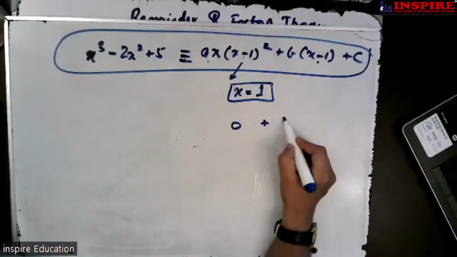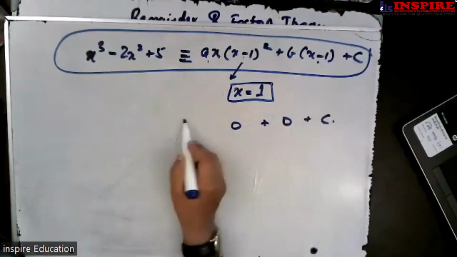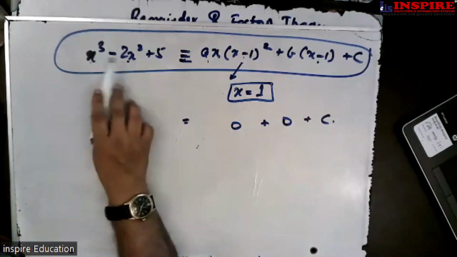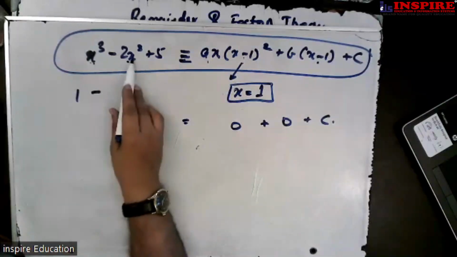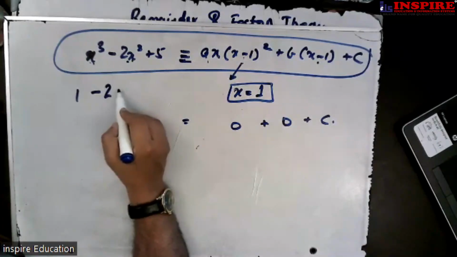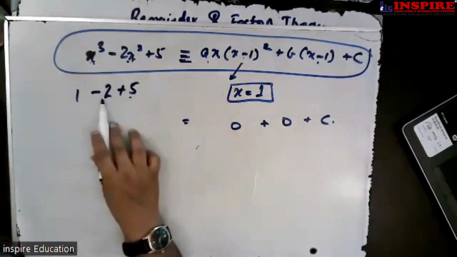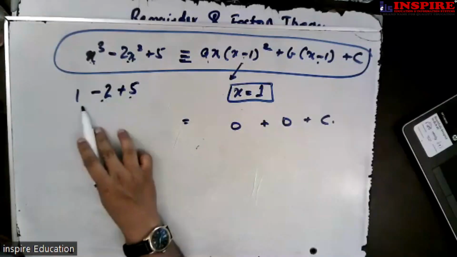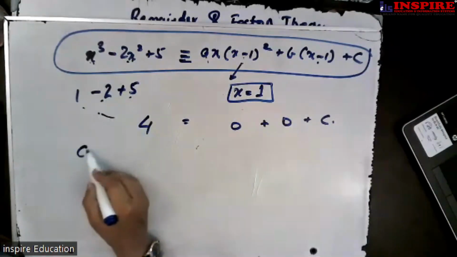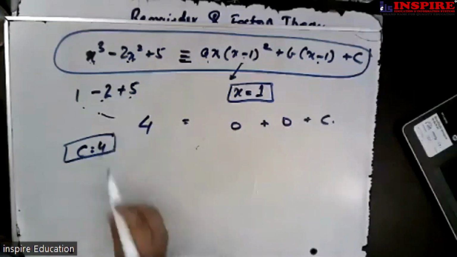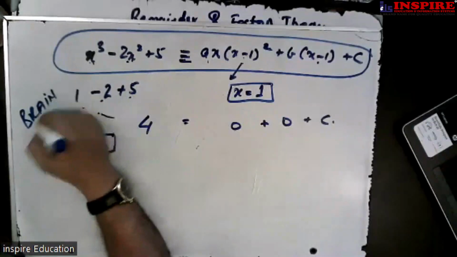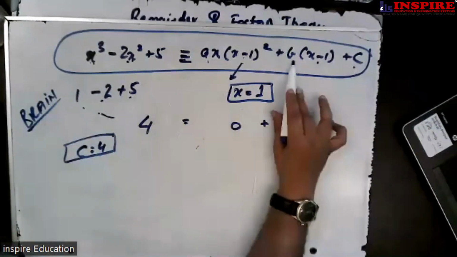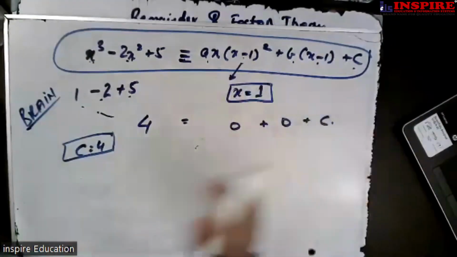B into 0 is 0. We have a c on the right side and we have a 0 here. 1 cubed is 1, minus 2 times 1 squared is minus 2, plus 5. 5 minus 2 plus 1 is 4. Congratulations. C is equal to 4. You have to use your brain to get the constants A, B, and C as soon as possible.